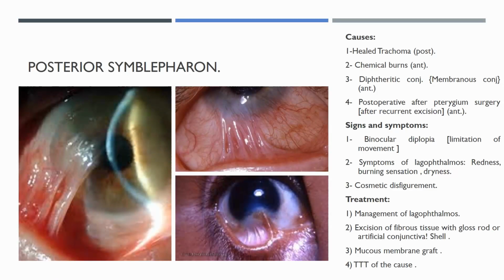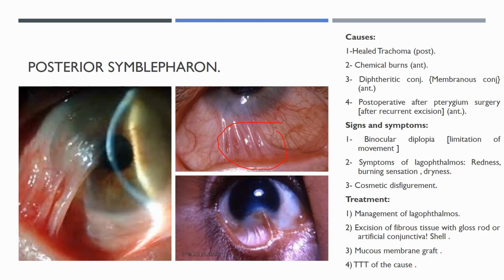The definition of posterior symblepharon is adhesion between the palpebral and bulbar conjunctiva. It can be caused by healed trachoma, chemical burns, membranous conjunctivitis, and post-operative after pterygium surgery.